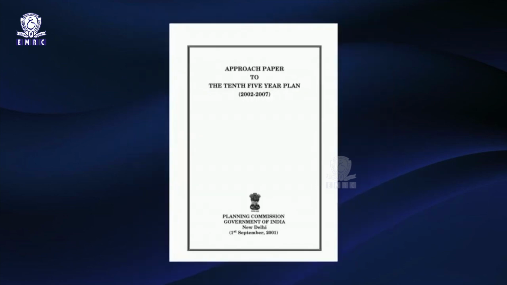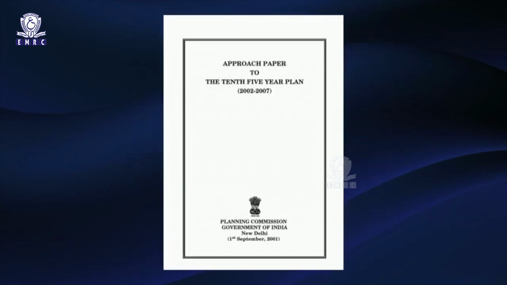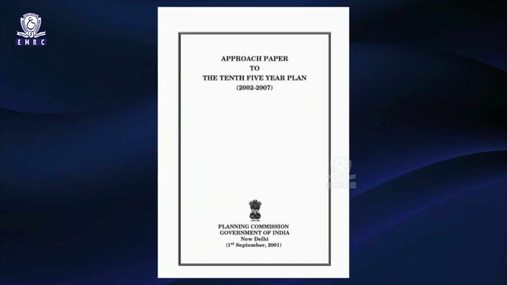The 10th 5-year plan focused on the eradication of deprivation or exploitation of tribes as the center point in its approach, empowering scheduled tribes through a 3-pronged strategy of social empowerment, economic empowerment and social justice.